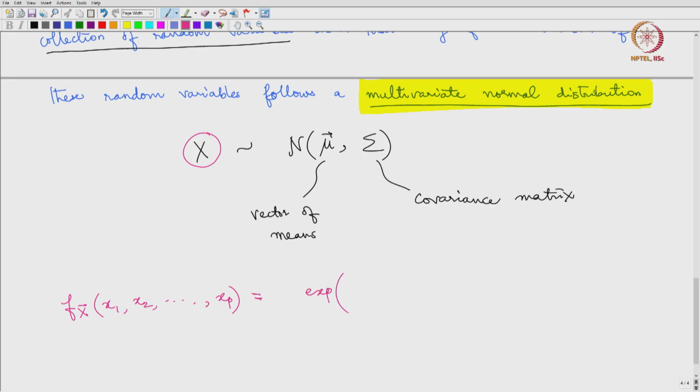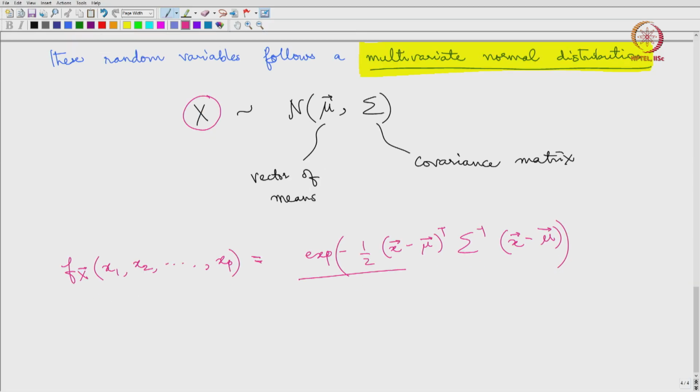This will be given by exponential of minus half x minus mu, the vector of means, transpose, times the inverse of the covariance matrix times x minus mu vector, divided by square root of 2 pi to the power p times the determinant of the covariance matrix.